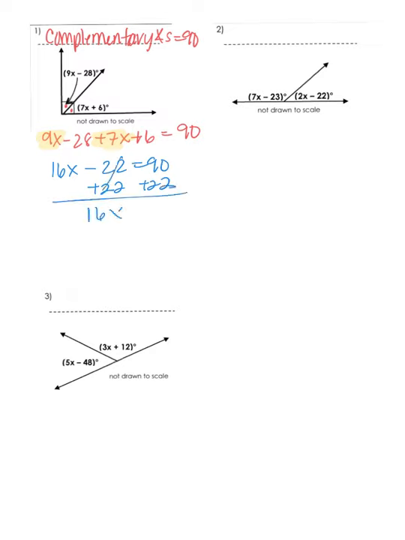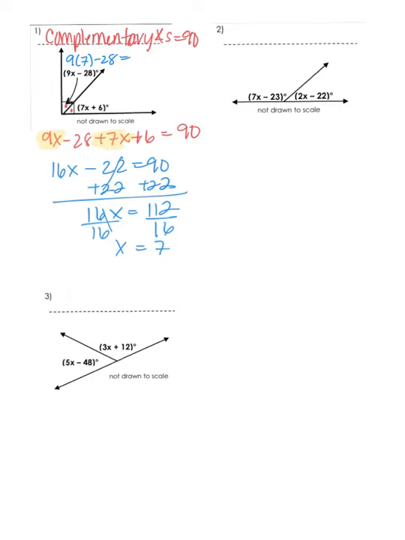You get 16x is equal to 112. Divide that by 16. X is equal to 7. All right, so once you have that, now you need to plug 7 in for x. So here I have 9 times 7 minus 28.